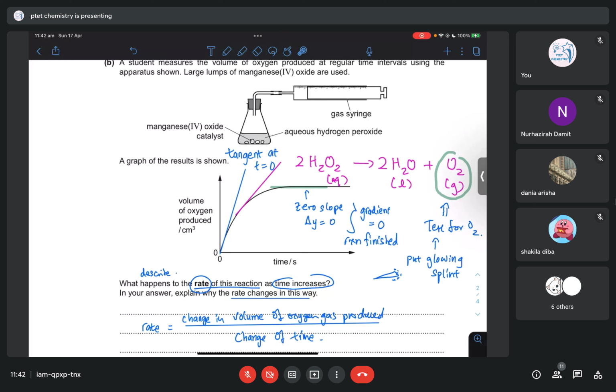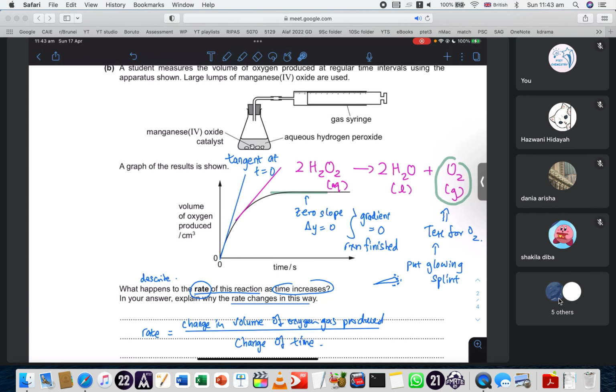I see Dania is around. Are you around, Dania? Dania Arisha? Okay. Never mind. Hazwani Hidayah, are you there? Hazwani Hidayah is not there. Let me see who else is around.